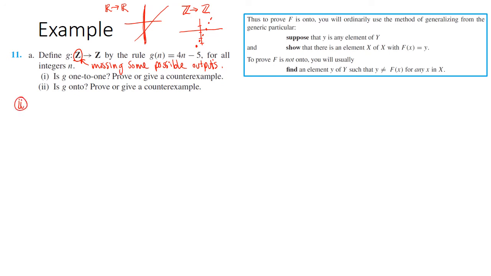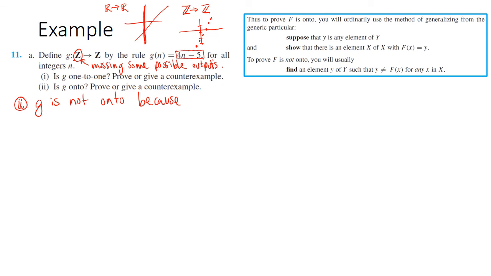So part 2, g is not onto because... you have to think of something that you actually missed in the codomain that you never got as an output. And the key here is that you're missing everything that can't be written in this form of 4n minus 5, where n is some integer.